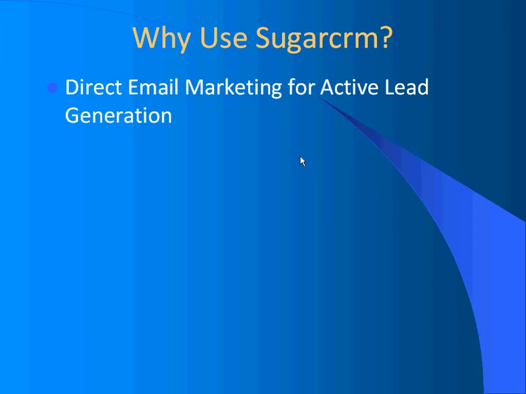You are basically waiting for people to land on your website and join your email list so that you can market to them. With Sugar CRM, you can do direct email marketing. You actually reach out to these people, as long as you have their email.